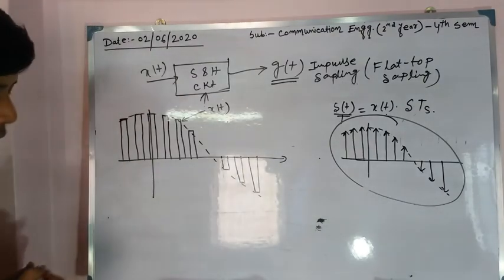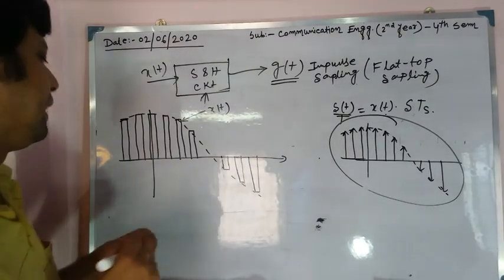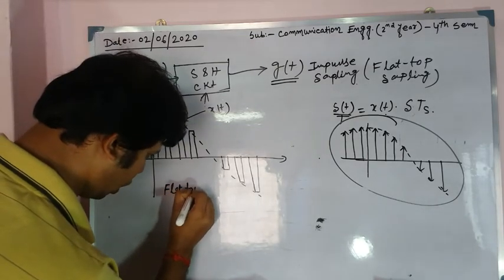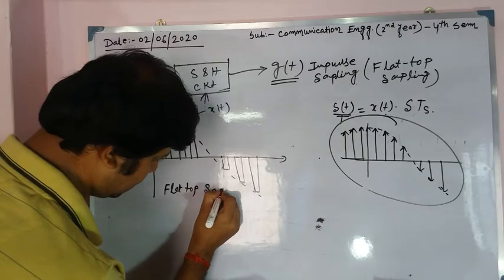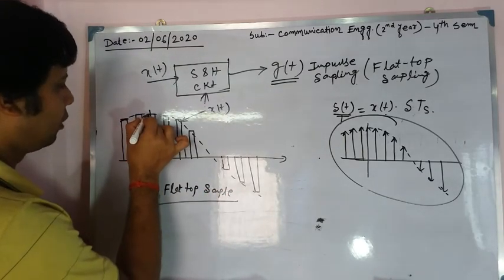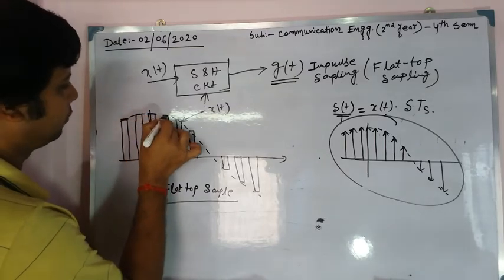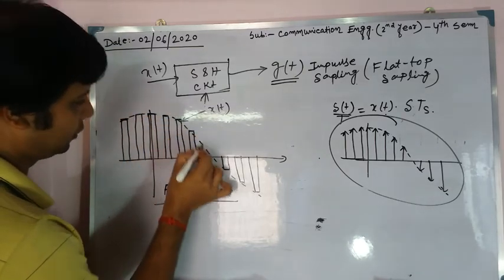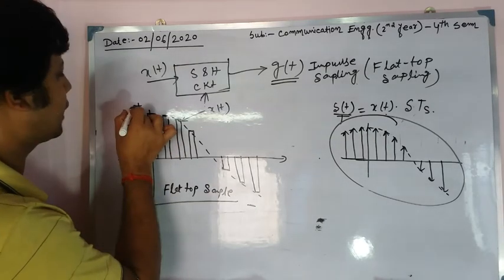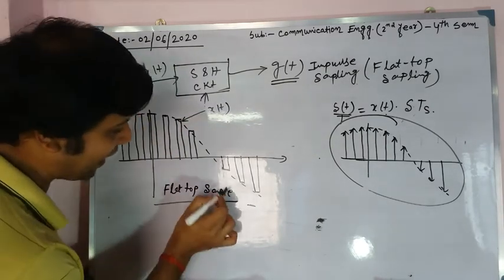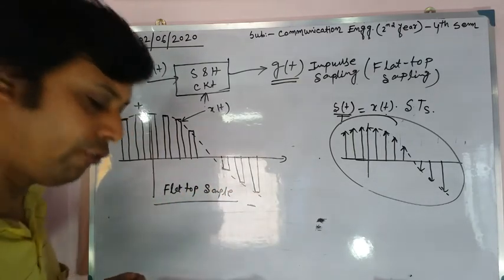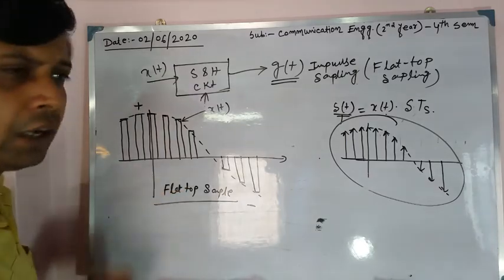Because the top of the sample is flat, each pulse is flat. This is the positive side and this is the negative side. The positive side of the pulse is also flat and the negative side of the pulse is also flat. So it is called the flat top sample.